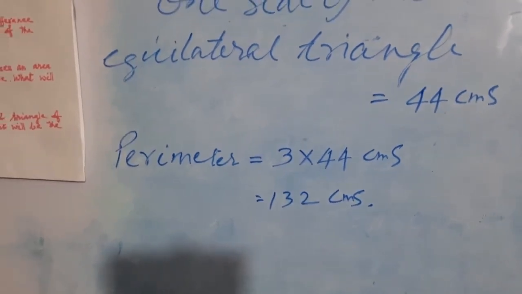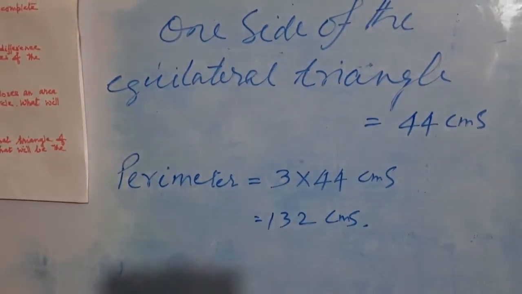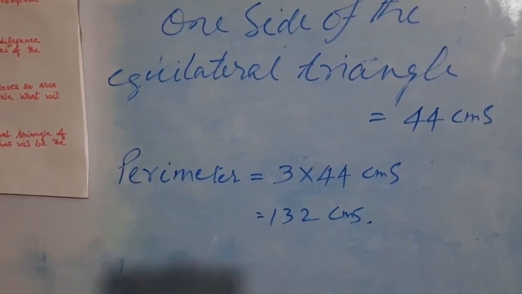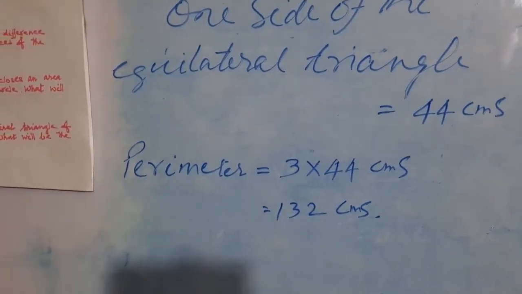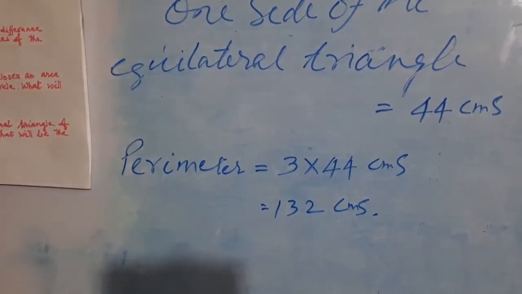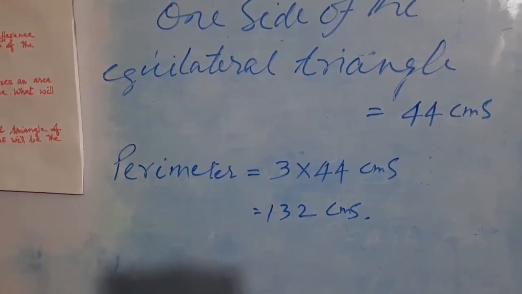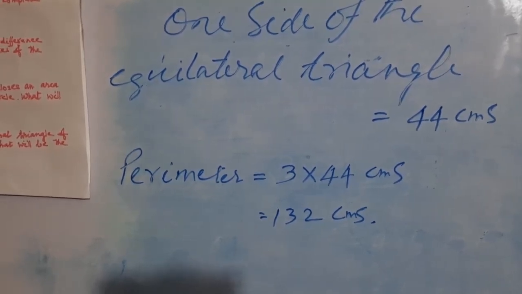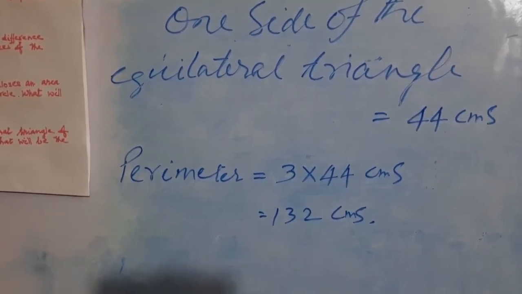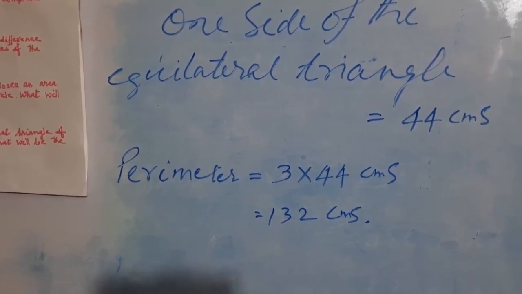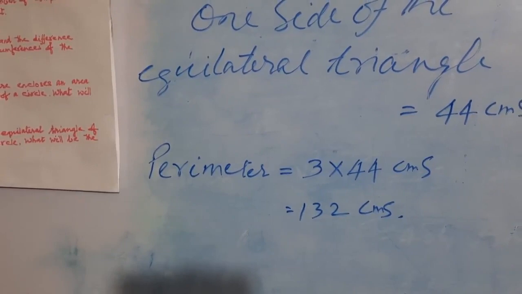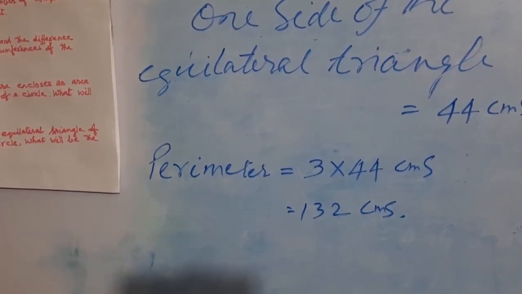Now the wire is bent into a circle. So the circumference of this circle will be equal to the perimeter of the equilateral triangle.